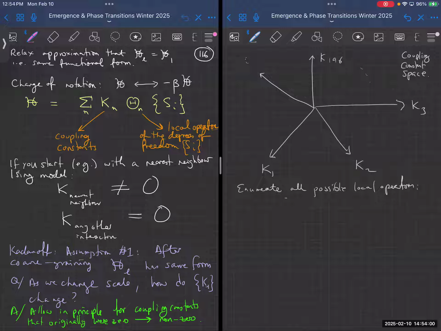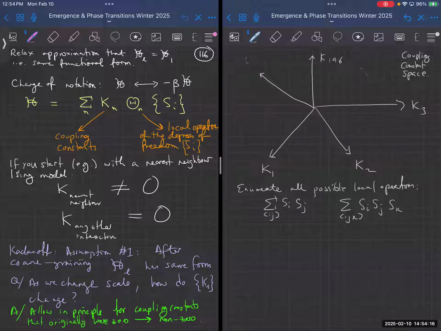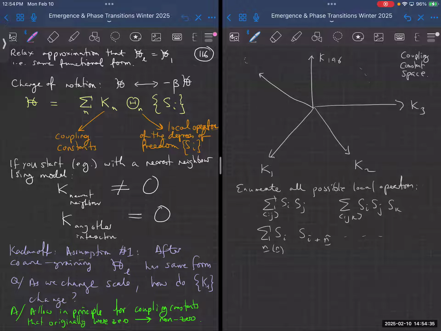They may be, for example, sum over nearest neighbors of S_i S_j. That could be one of them. Then there could be sum over i, j, k of S_i S_j S_k. There could be sum over S_i S_{i+N}, where N is some vector a long way away. So it could be a function of distance, for example, and so on and so forth. I can write down many, many things. There's an infinite number of these.